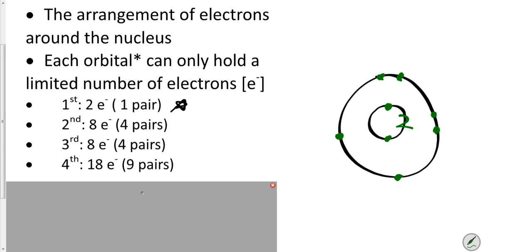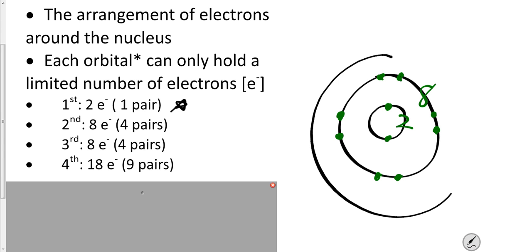Now again, this ring can hold a maximum of 8, so resetting that there, there's 8. The next ring out can also hold 8. 1, 2, 3, 4, 5, 6, 7, 8.